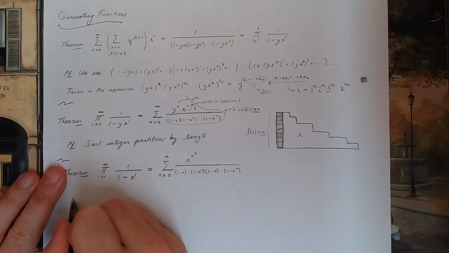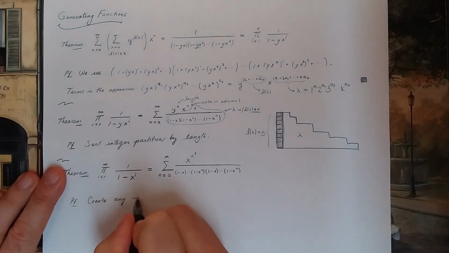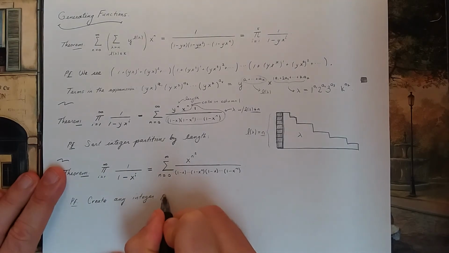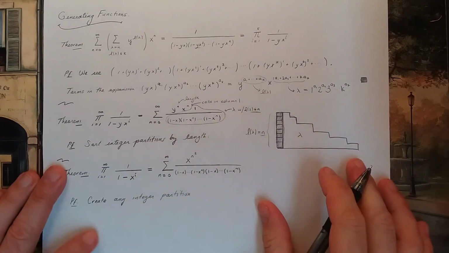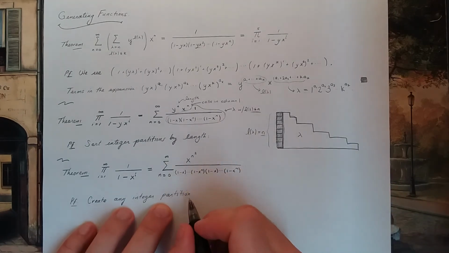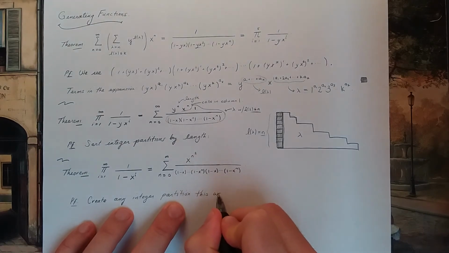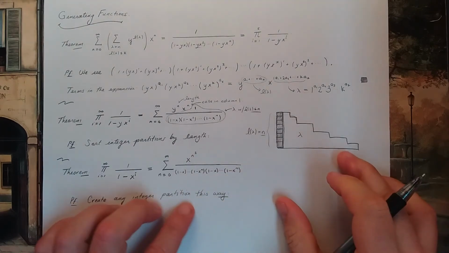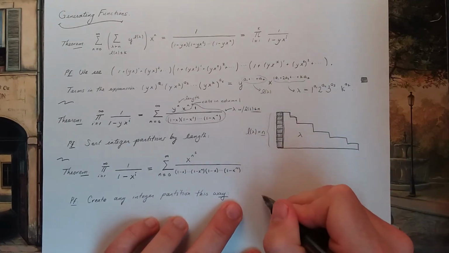So, here's the proof. I'm going to create any integer partition by first drawing the largest square that can fit inside an integer partition. So create any integer partition this way. I think I'll just describe it out loud. So here's what I'm going to do.